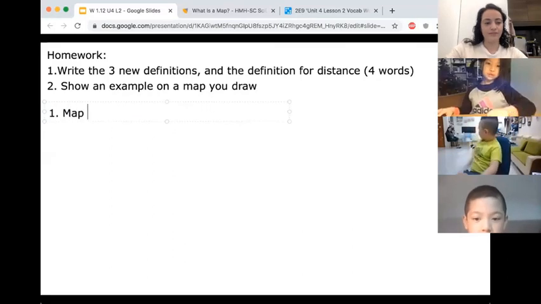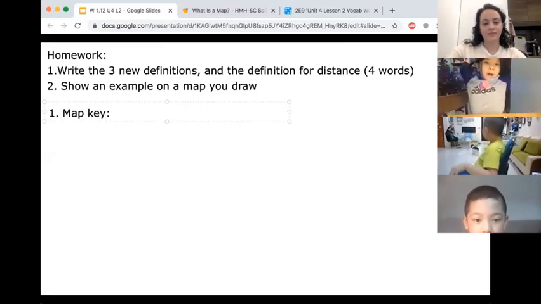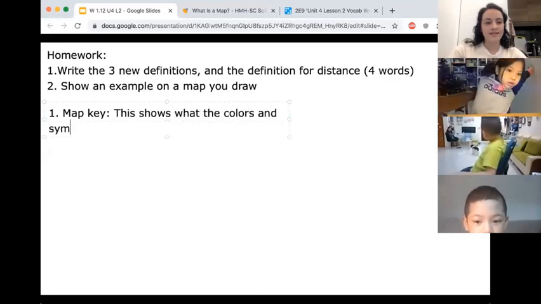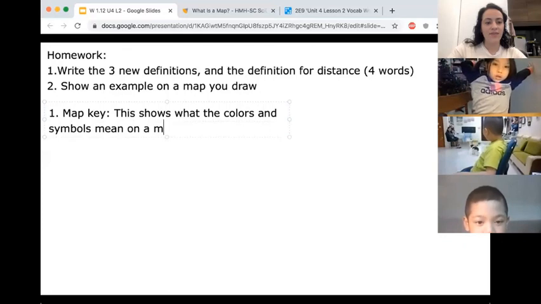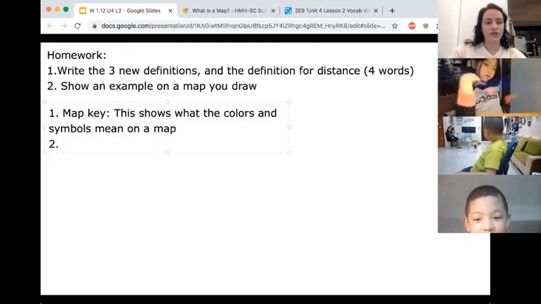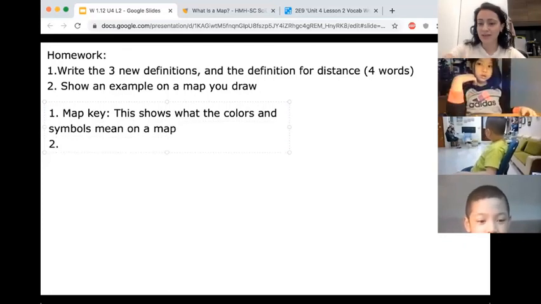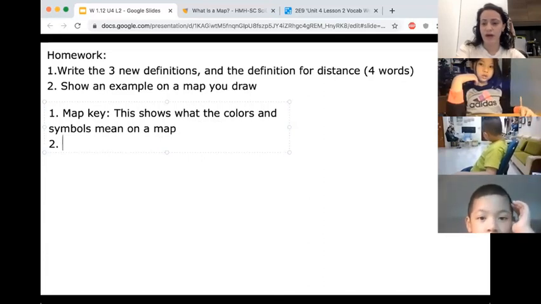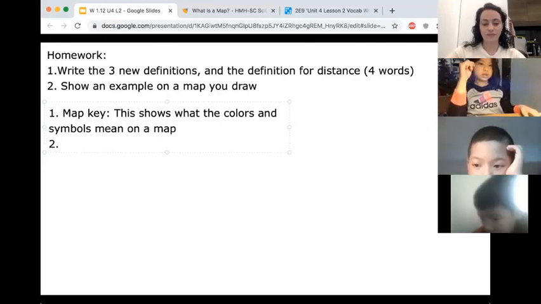1, map key. This shows what the colors and symbols mean on a map. 2, do we need to do symbols as a definition, or do you all feel like you know symbols pretty well from the culture sharing?